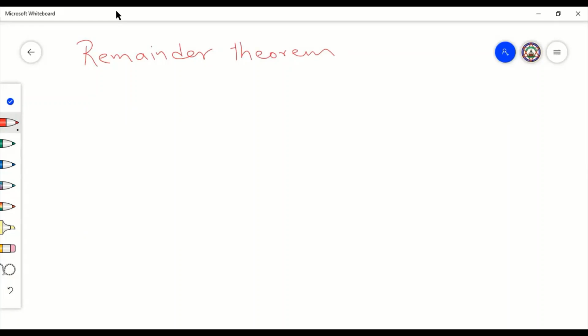Okay, check it. What is the remainder theorem? First, suppose we divide a polynomial here.